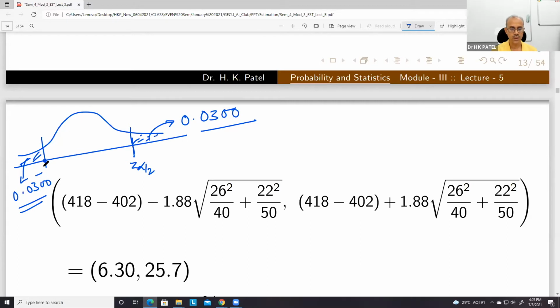I can omit the negative and take simply the numerical value. So all the numbers you can see except this 1.88. If you want, we can see this 1.88 in the normal table, or you can search actually. This table looks like this, you know that.